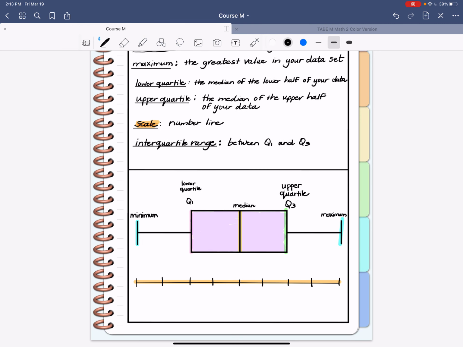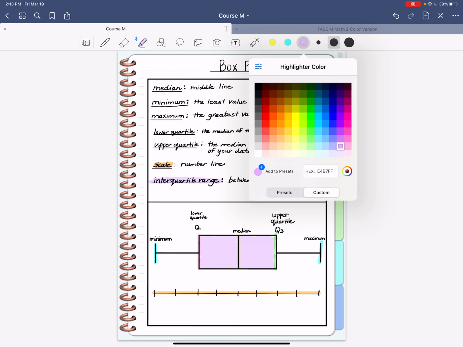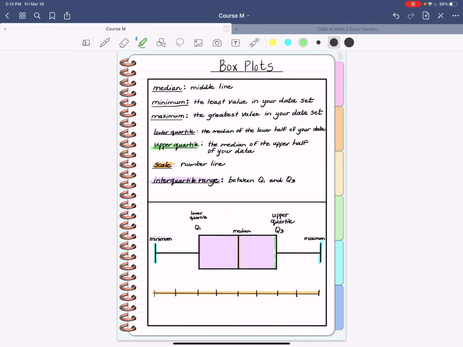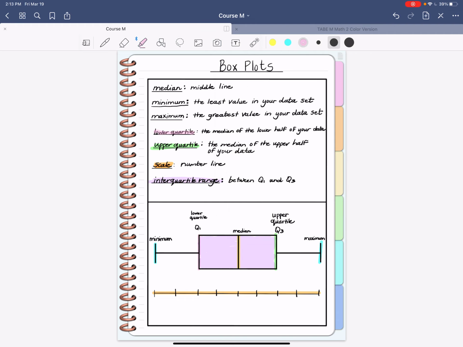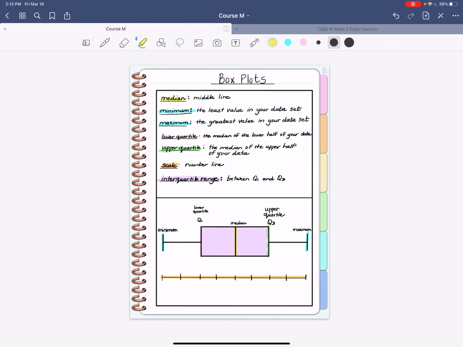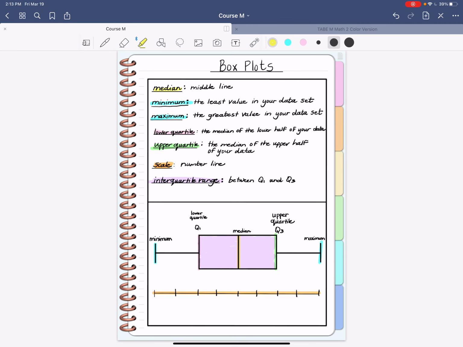So the interquartile range is the purple. The upper quartile is where I marked in green. The lower quartile I marked with pink. The minimum and the maximum I did blue. And then it's hard to see it, but the median I did with yellow. So those are the parts of a box plot.